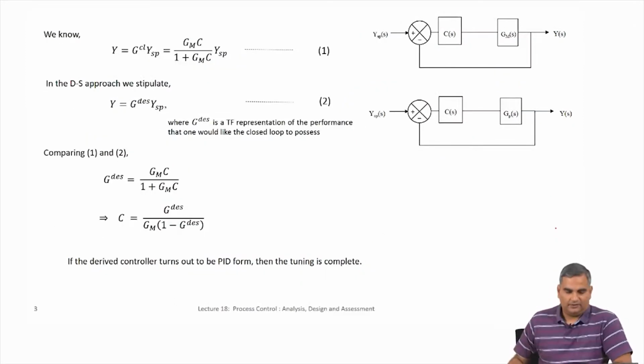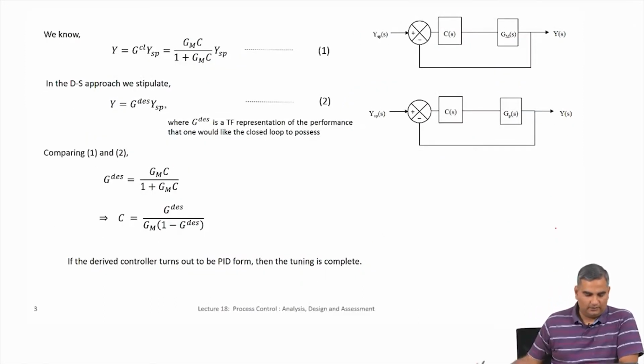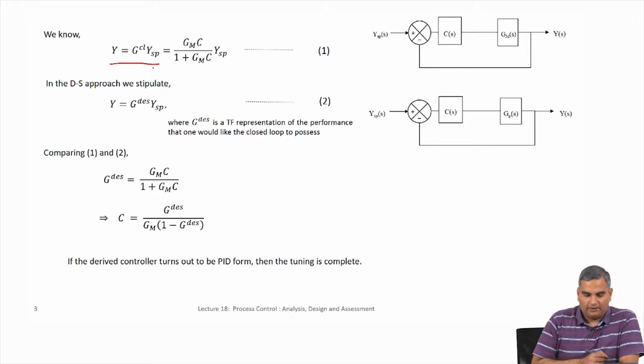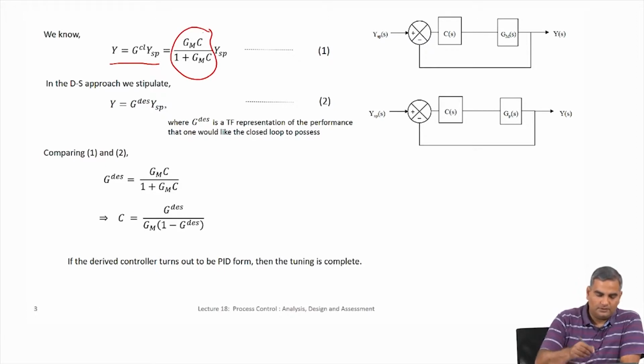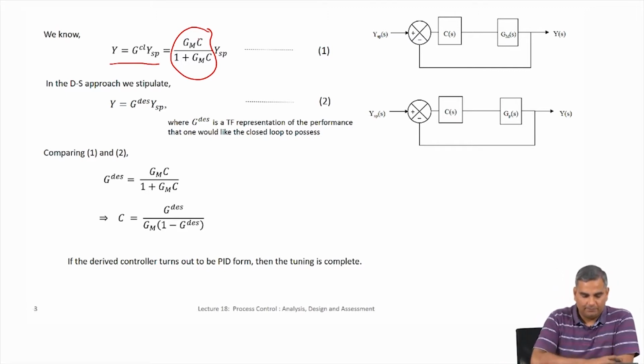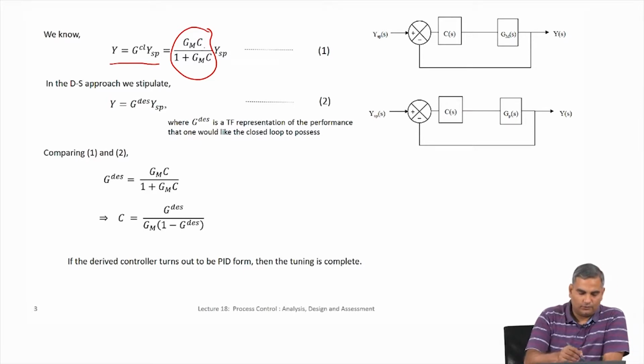So, now that we have said this, let us look at how this controller structure is chosen. So, this G closed loop, Y over set point, is something that we have been talking about quite a bit, and we said this closed loop GPC by 1 plus GPC. Now, we have replaced that GP by GM. So, basically this is the closed loop control loop with the model transfer function, and as I said before, I am going to stipulate whatever is the desired transfer function I have.